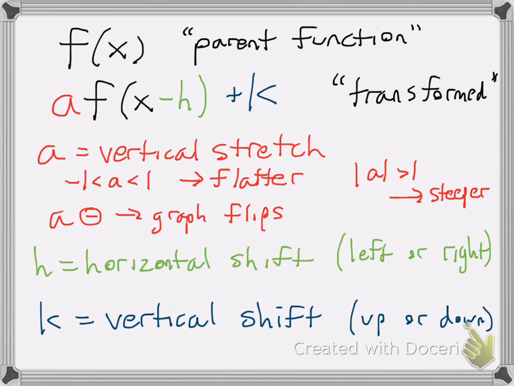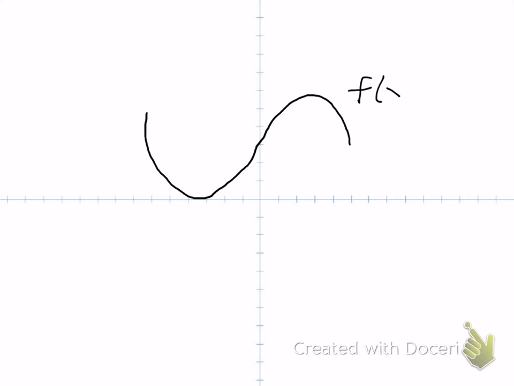So let's look at some examples. If I have this graph, f of x, and then let's say I put a second graph here. Well, how can I describe this graph in red in relation to the one that I've already drawn in black? We notice that this graph in red looks just like f of x, except it's been shifted a little bit. Well, how has it been shifted?